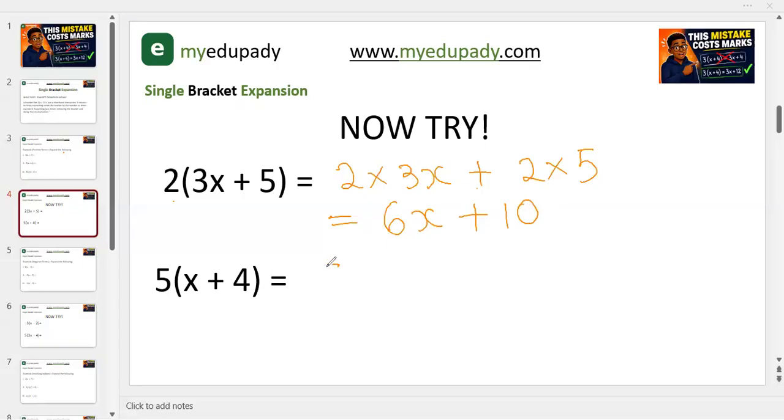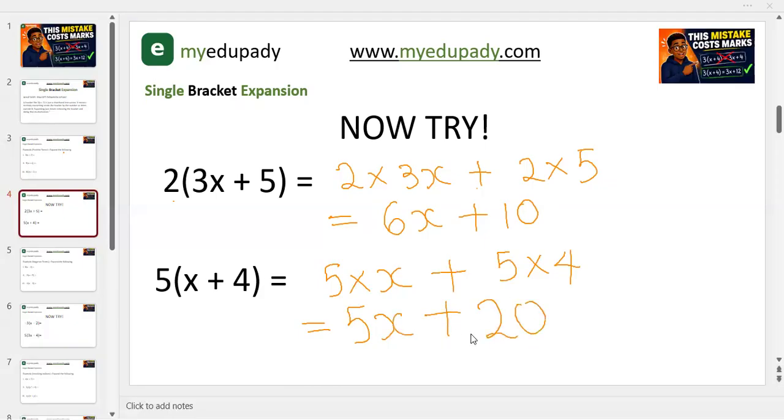This is going to give us 5 multiplied by x, add 5 multiplied by 4. So 5 multiplied by x is going to give us 5x. And 5 multiplied by 4 is going to give us what? 20. And that is how we do that. I hope you got the solution to this.